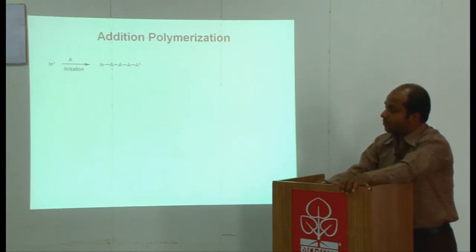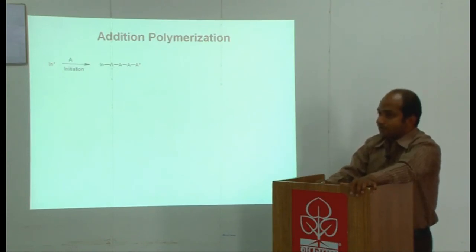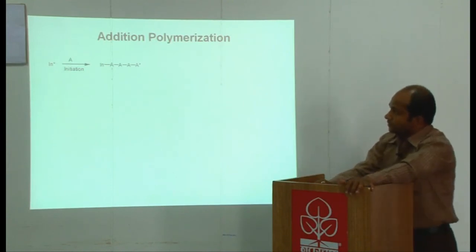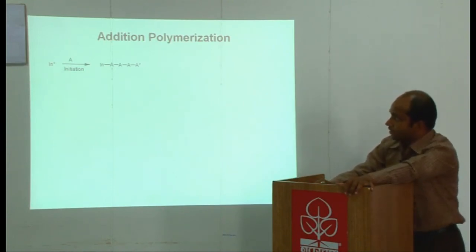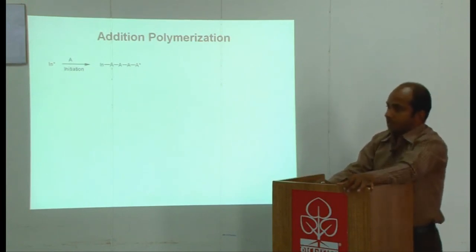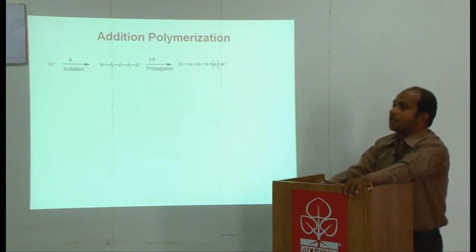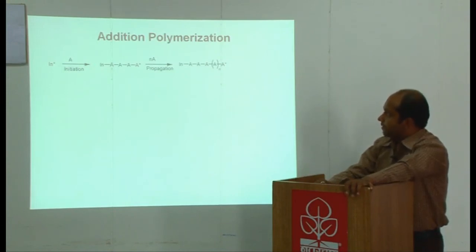In case of addition polymerization, one of the important mechanisms, or the reaction that is responsible for addition polymerization, is free radical polymerization. So, you have a free radical indicated by an asterisk in this scheme reacting with a monomer A, generating a new free radical which again attacks another monomer A, and in this way there is a continuous propagation of this free radical by its reaction with other monomers.